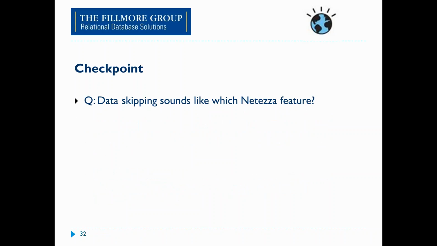One more checkpoint question. The data skipping that we talked about in the Netezza is exactly like the data skipping sounds like the Netezza feature zone maps, data skipping that's available in DB2 with BLU Acceleration.